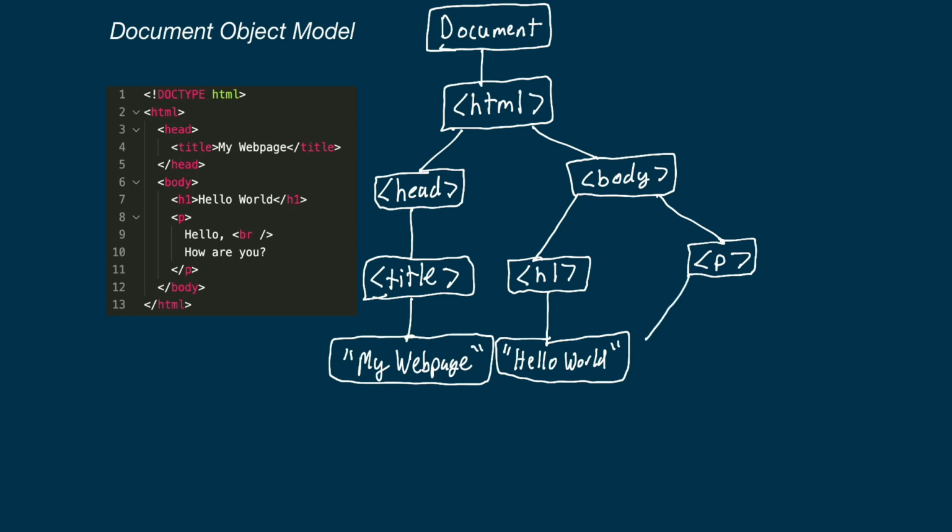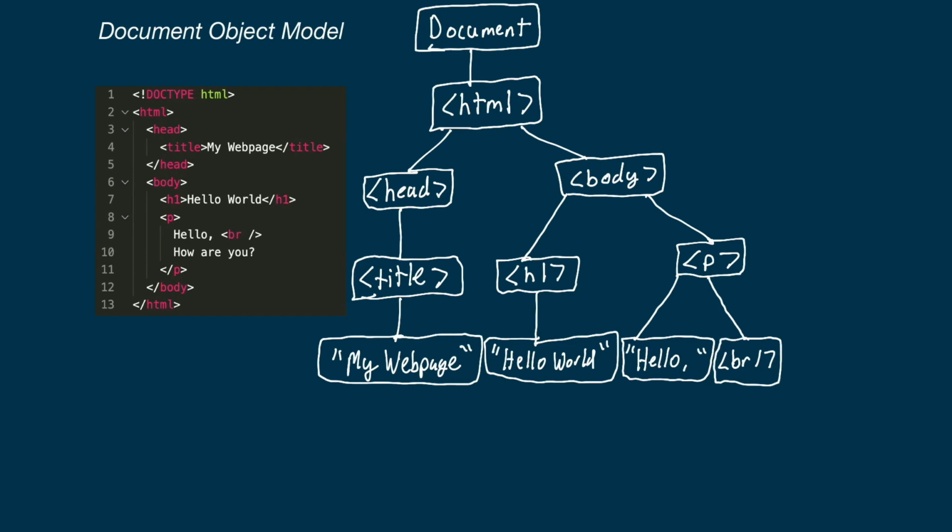So first we will have a text node, and this text node will have the contents of hello, and then we will also include the comma as that is part of the text. And then after that, we will have another child, and this child will be the line break tag, because the line break tag came after the hello in the HTML.